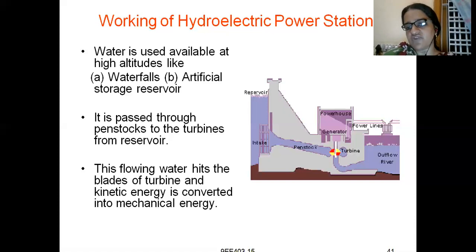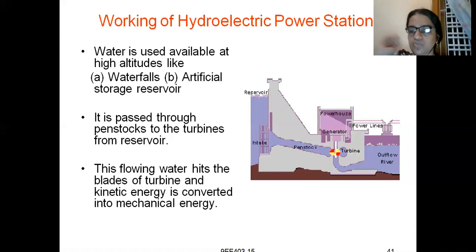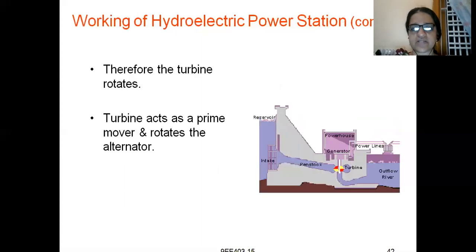After the turbine, the water needs to move out. Usually it will be given to smaller rivers, which is the outflow river shown at the rightmost corner in the diagram.